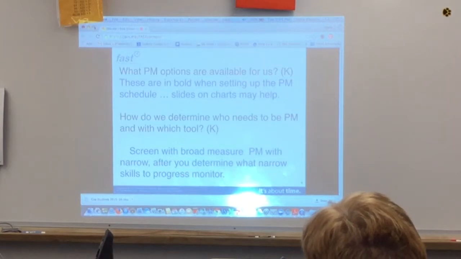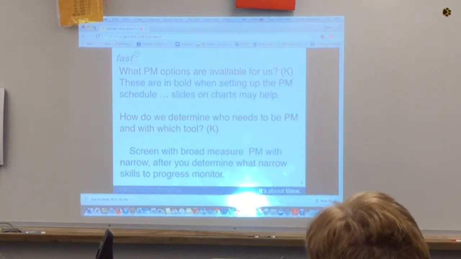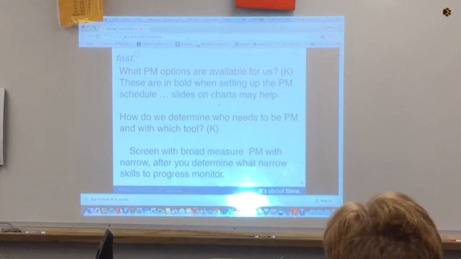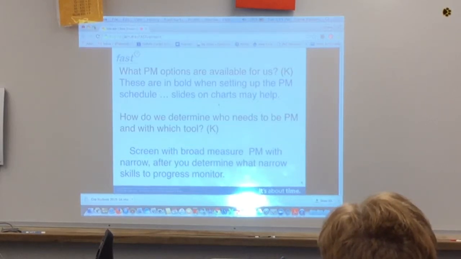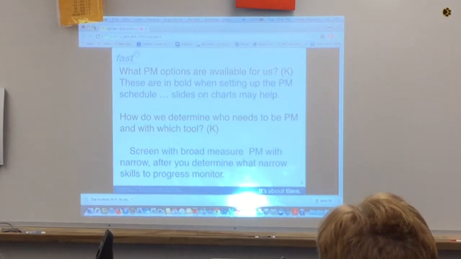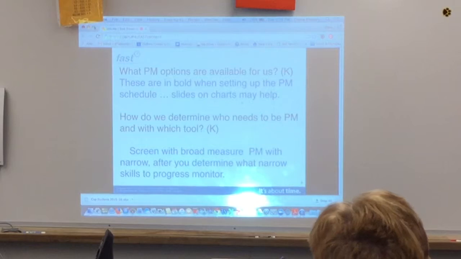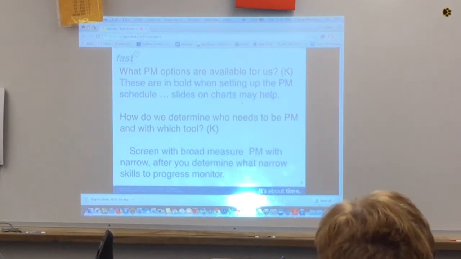What progress monitorings are available for us? This is from kindergarten. Whenever you set up a progress monitoring schedule, like the grade teacher was just talking about, at the top of it, for kindergarten and first grade for early math, they'll have in bold what the subtests might be that you would use for progress monitoring.